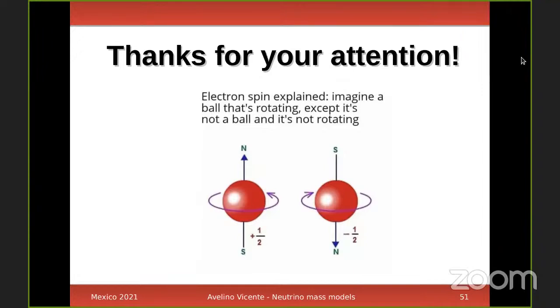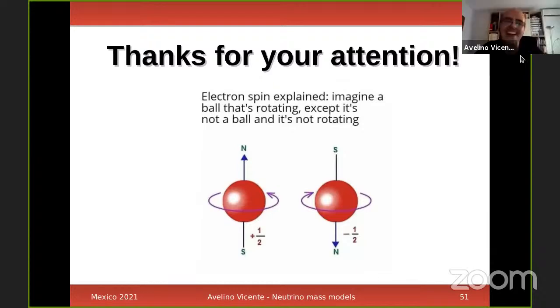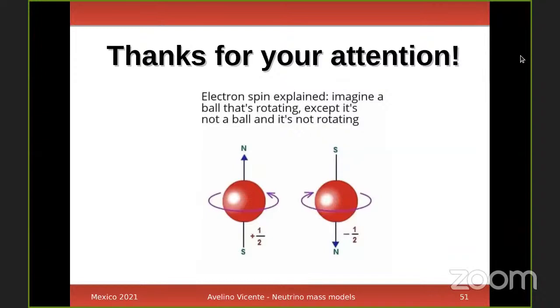I have also a naive question, but please be merciful with me with your answer. We want to generate the mass of the neutrinos because we don't like a very small Yukawa coupling.